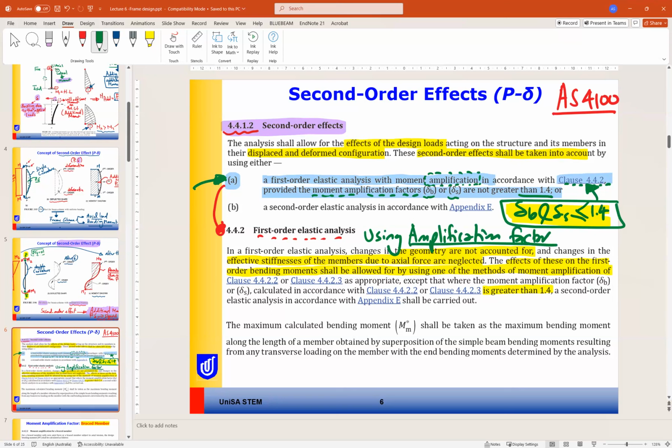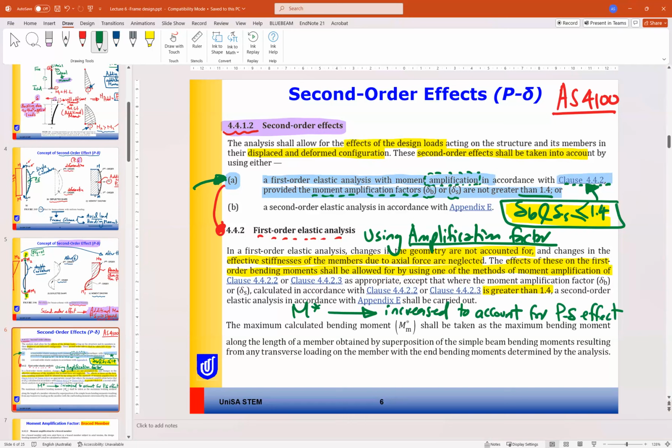which means that the design moment, M asterisk, should be increased to account for the B delta effect. So we will not try to find how much the B delta effect is, or we don't need to calculate delta.